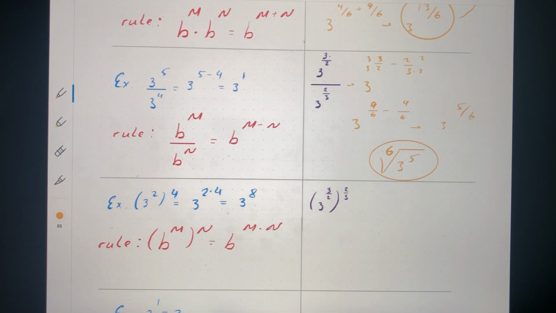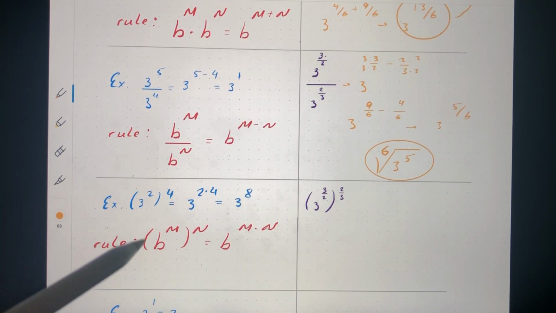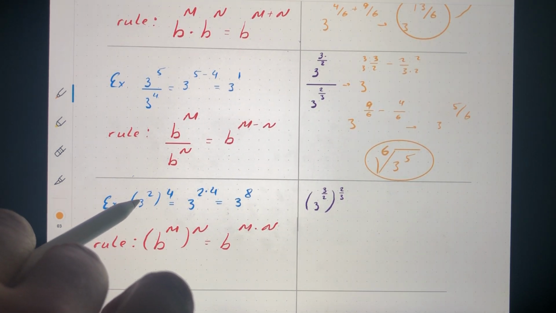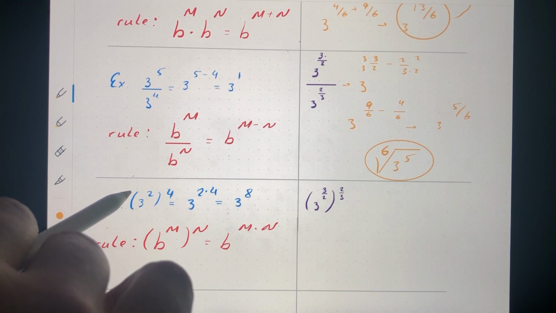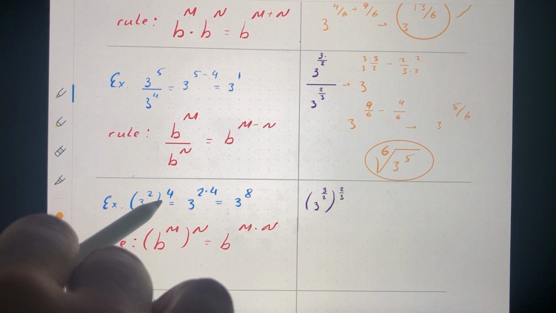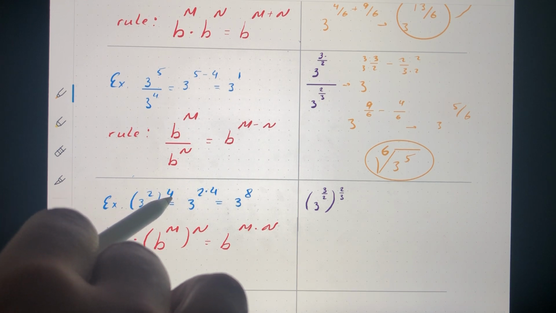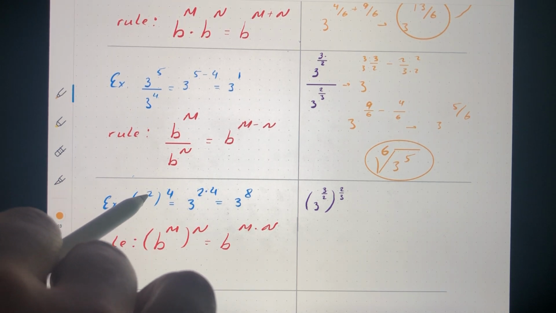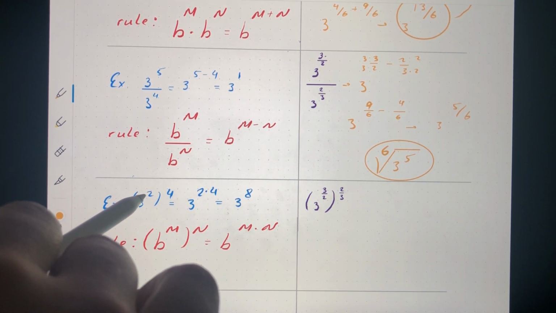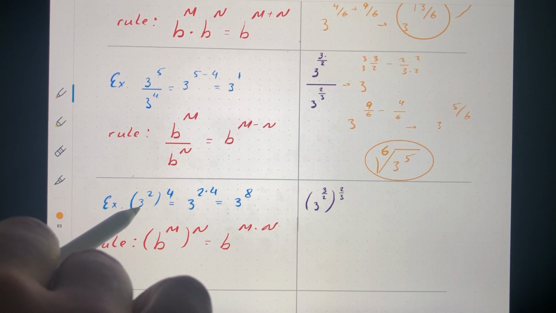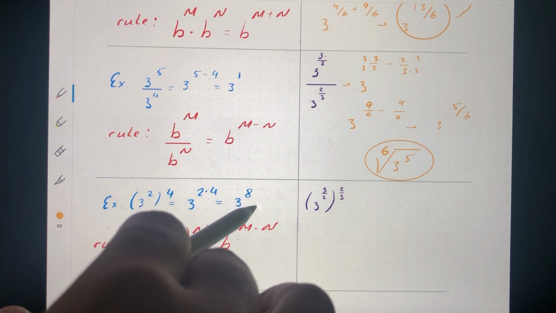The next rule is the power of a power. When we have an exponent in parentheses, and then there is another power on the outside, 3 to the 2 to the 4, that just means we have 2 of the 3's and we have them 4 times, that means we have 8 3's.